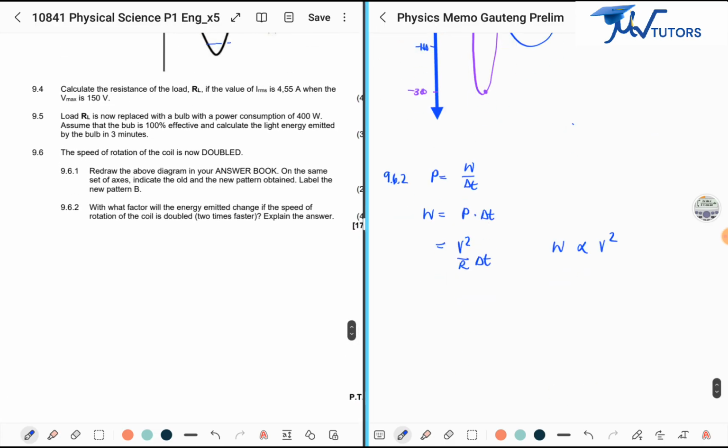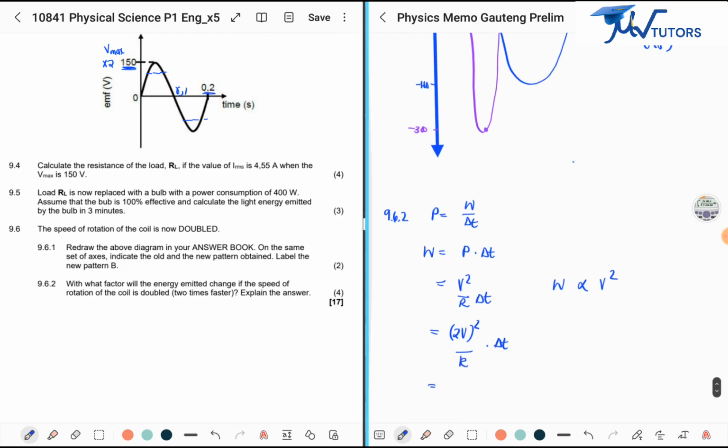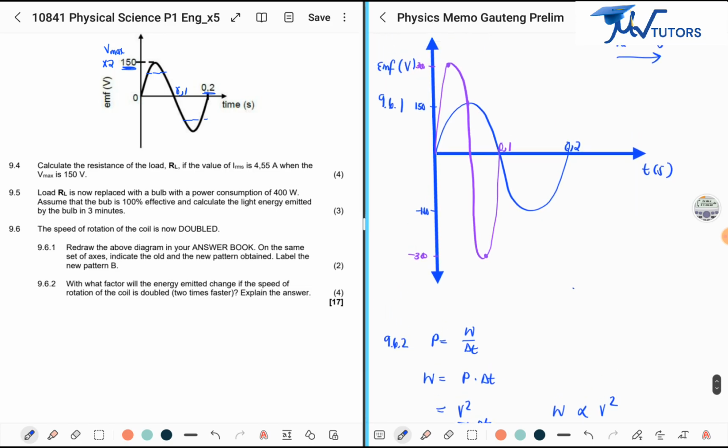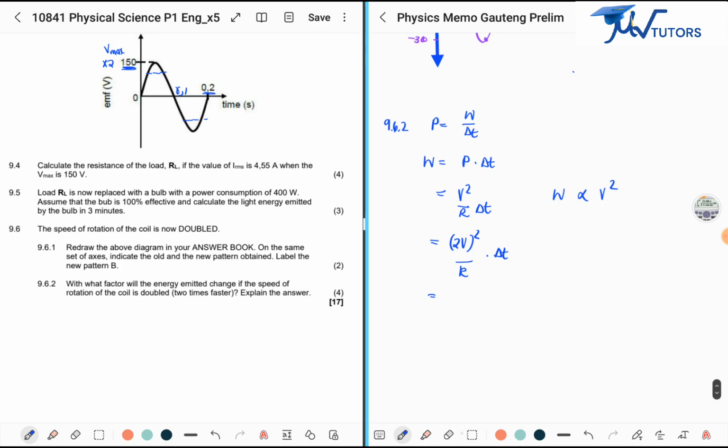If it has doubled, that would be squared, and the resistance wouldn't change. Now the time has been halved. The time it takes to complete one wave, once the speed of the coil is doubled, is halved.